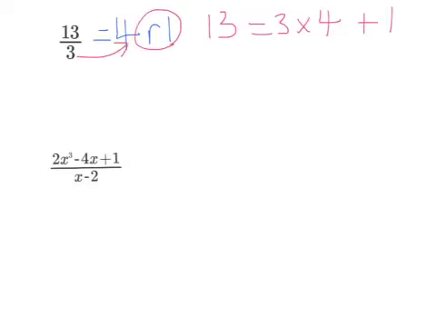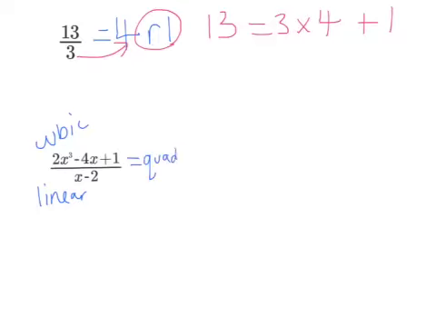Now, what we've got in front of us on the next one is a cubic polynomial. A polynomial is just an expression with x's, divided by a linear polynomial. And it's linear because the x is to the power of 1. So if I did exactly the same thing, instead of 13 divided by 3 gives me 4, my cubic divided by my linear gives me a quadratic.